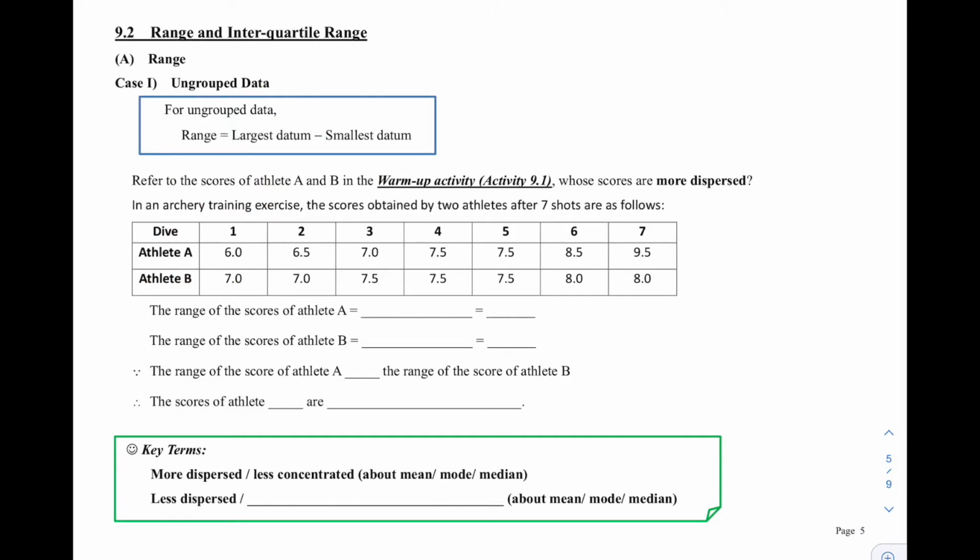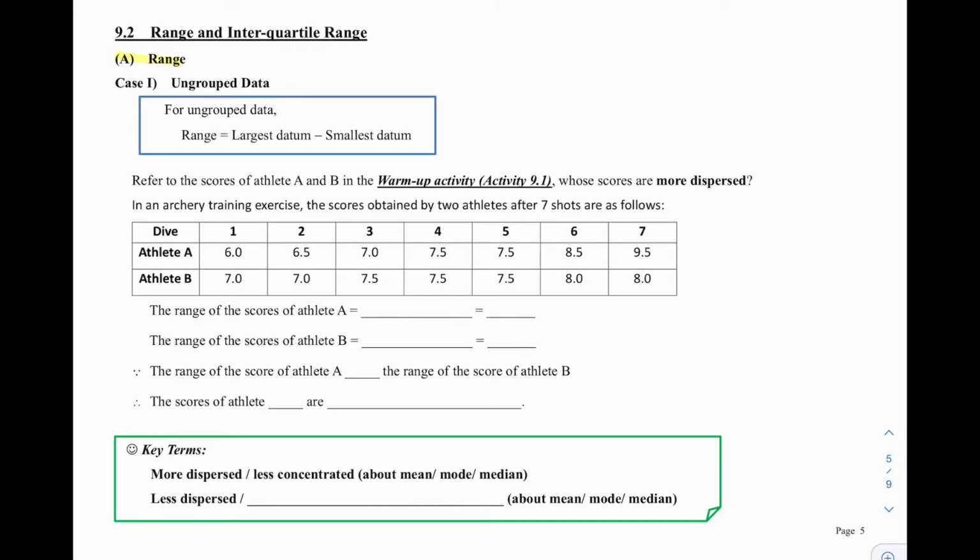Section 9.2, Range and Interquartile Range. First, we will study the first measure of dispersion called range. This term in statistics has a different meaning from what you learned in your daily life or in previous mathematics lessons.